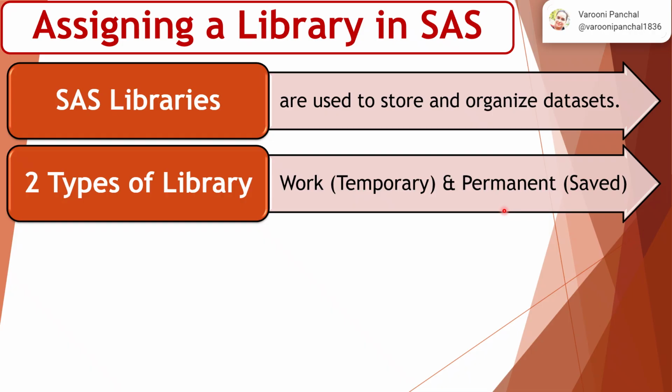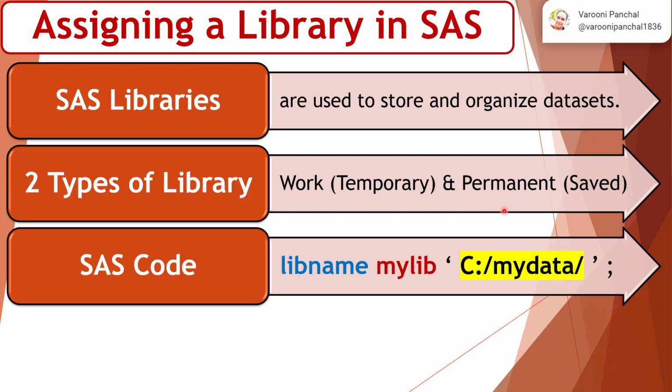If you want to get those data sets back, you need to ensure that you give a physical path to that specific library name, and then you can save it. That is the permanent library path where you have saved all your data sets. Now this is the specific code: libname is the syntax that informs the SAS software that I'm assigning a library name.